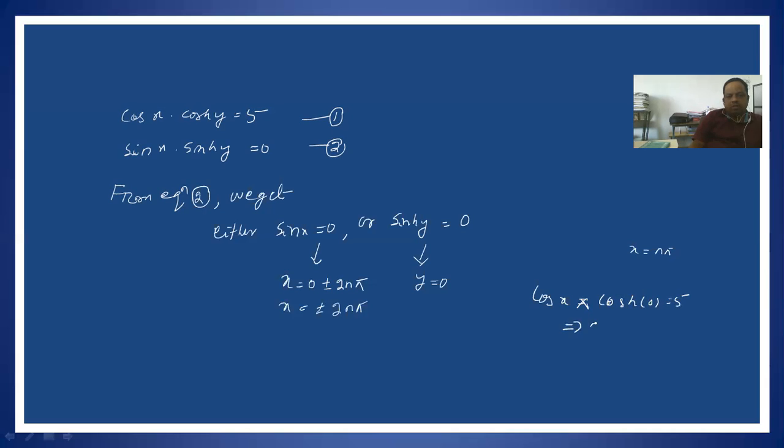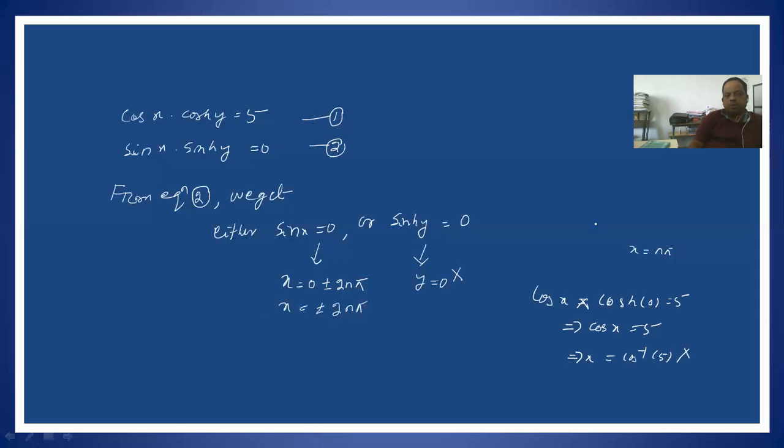This implies cos x equal to 5. So x equals cos inverse 5, which is not possible because the maximum value of cos x and sin x is 1. So y equal to 0 is not possible in the present situation. So x equal to plus minus 2n pi is taken into consideration.